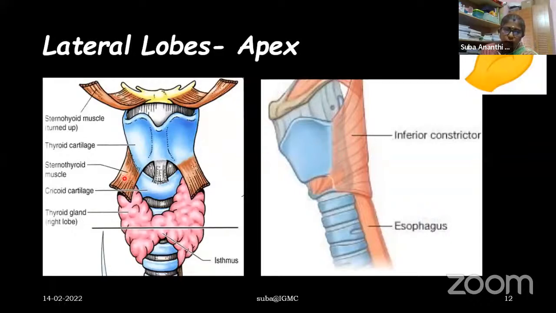So the apex is between these two. Because of this attachment of sternothyroid to the oblique line of thyroid cartilage, this apex part cannot enlarge beyond this attachment. So enlargement of thyroid gland upwards is limited by the attachment of sternothyroid to the oblique line of thyroid cartilage.